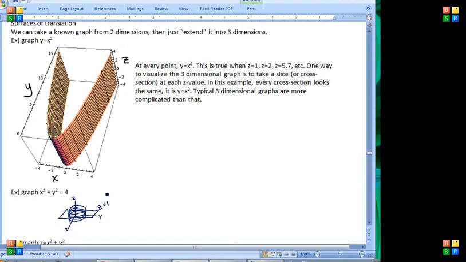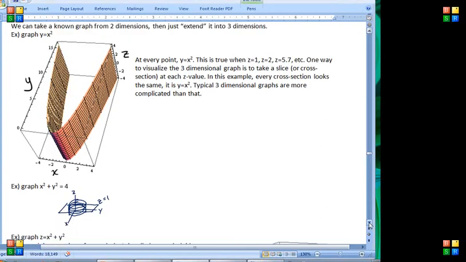If you take that plane and intersect it with your surface, you get the part of your surface where z equals 1. And it's always going to be the case that x squared plus y squared equals 4. So when we intersect that plane with our surface, what we'll get is that circle.